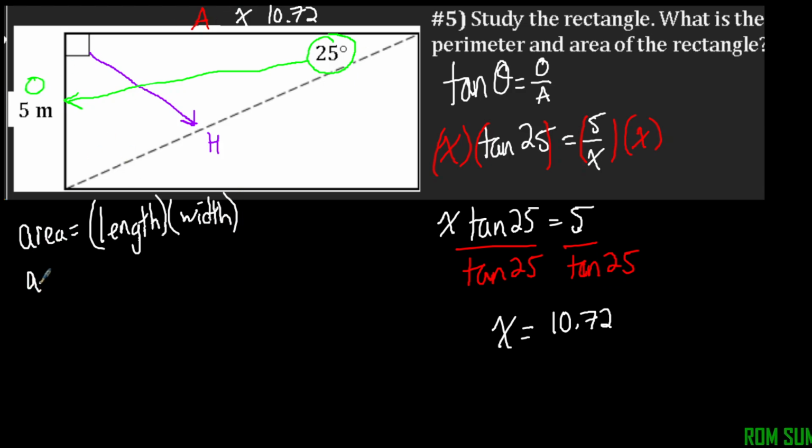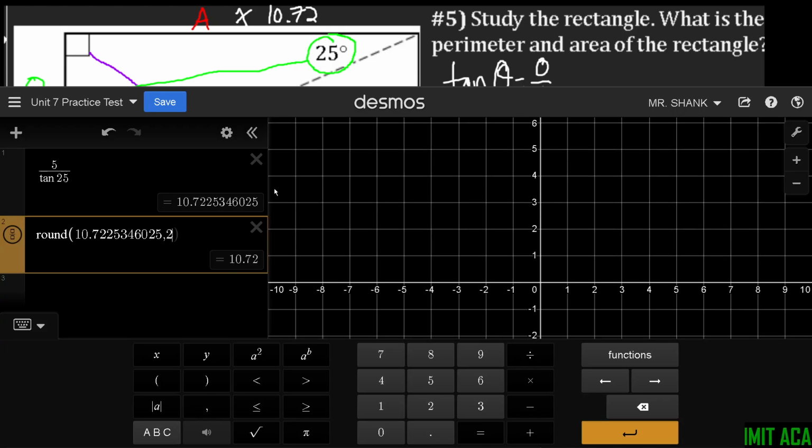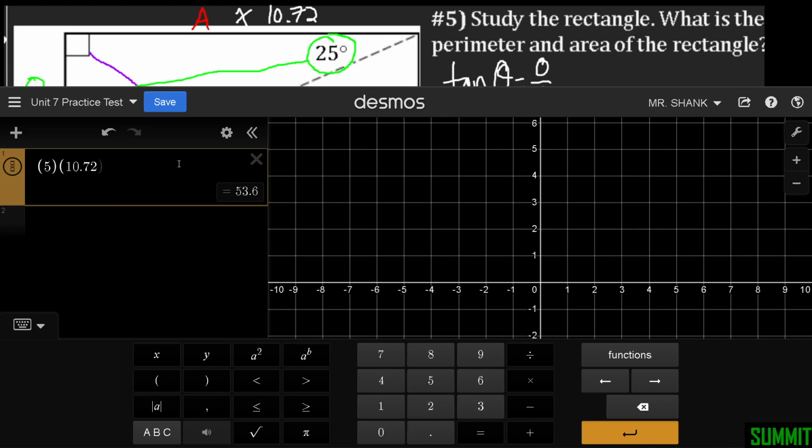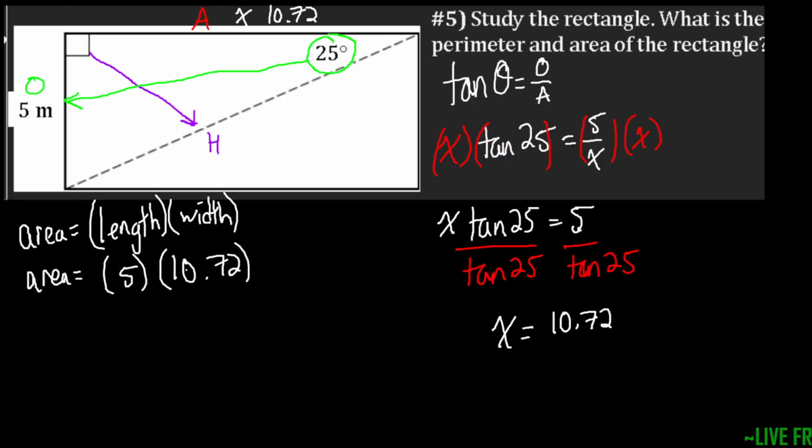So area equals 5 times 10.72, which if we multiply that out on the calculator is going to be 53.6.